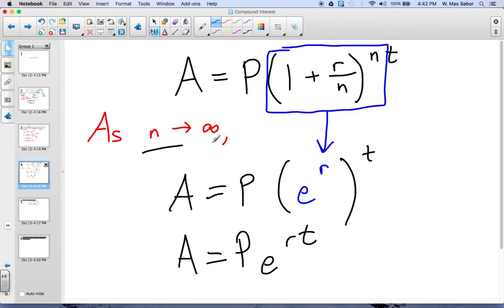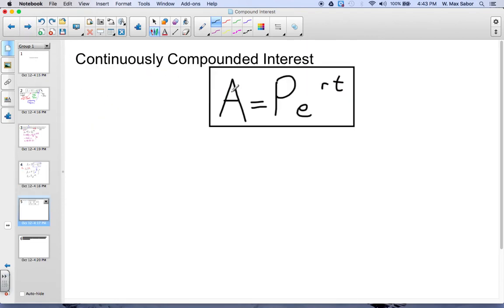Now this is happening only when n gets closer and closer to infinity, that we can write it as the simpler expression. But this is also something that you should have memorized. Continuously compounded interest is A equals P times e to the rt, or I've heard people just call it PERT. A still means the amount. P is still the principal.